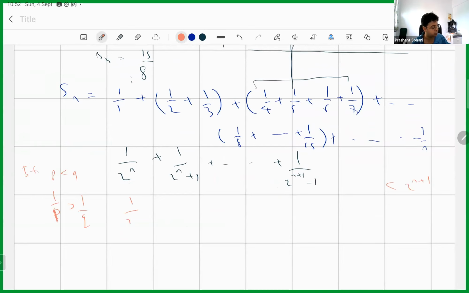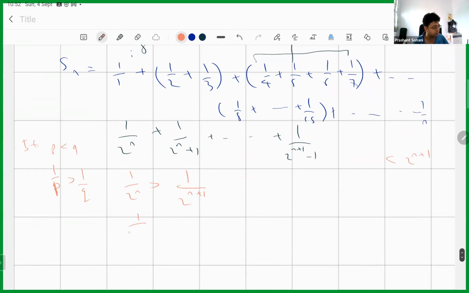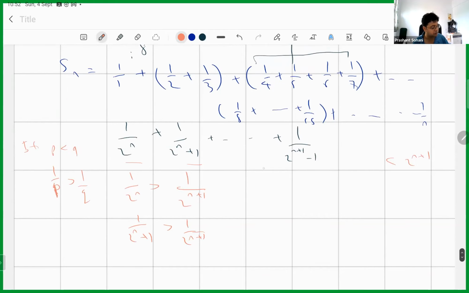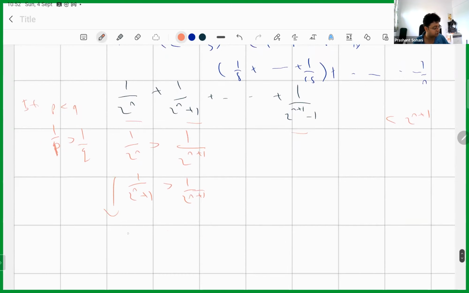Therefore, I can say 1 upon 2 raised to n will be greater than 1 upon 2 raised to n plus 1, and same way for every term. All of these terms, there are 2 raised to n such terms, right? So the last will be 2 raised to n plus 1 minus 1, greater than 1 upon 2 raised to n plus 1.